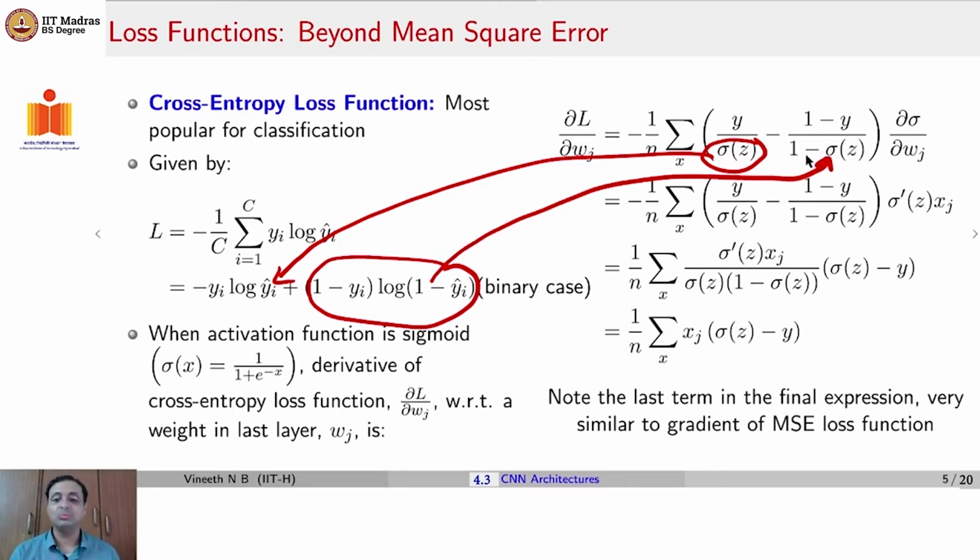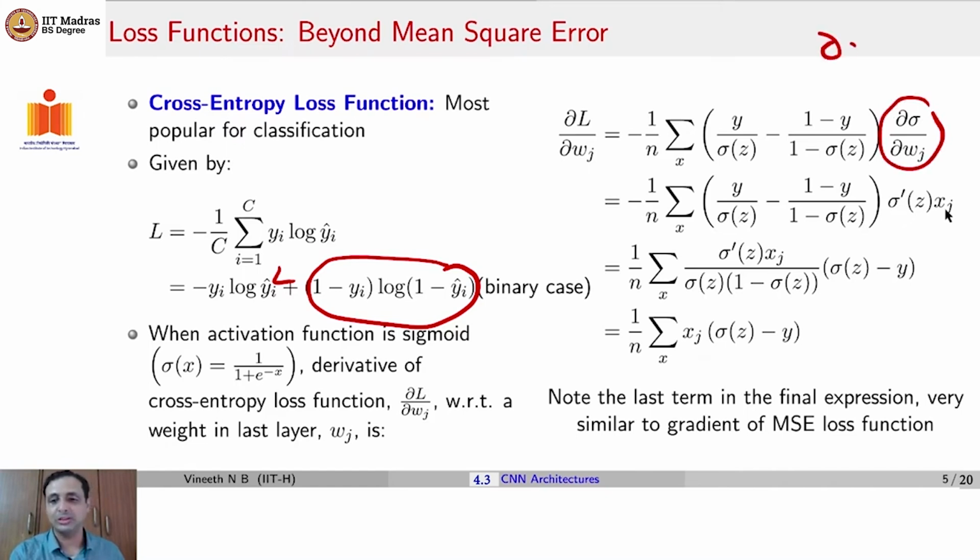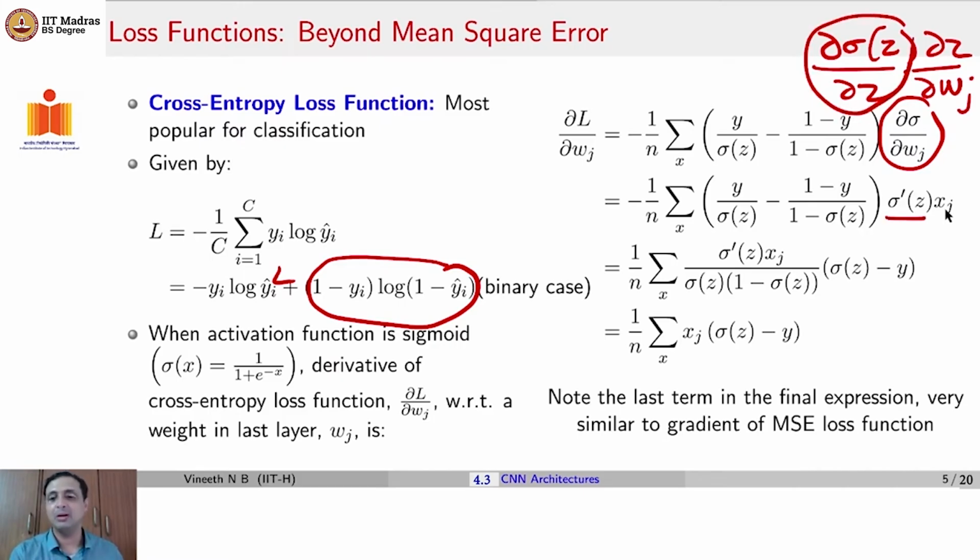Now with these two, you can write dou sigma by dou wj as sigma dash of z into xj, because you would write it in two ways. You would have dou sigma of z by dou z into dou z by dou wj. We know the gradient of sigmoid is sigma prime, and dou z by dou wj is xj.